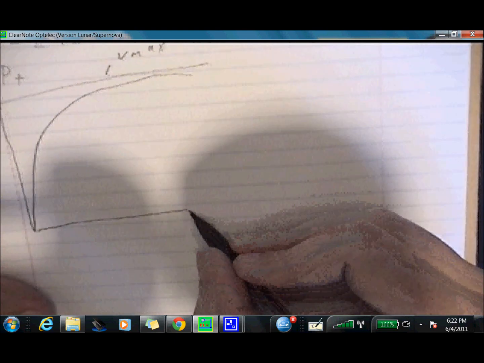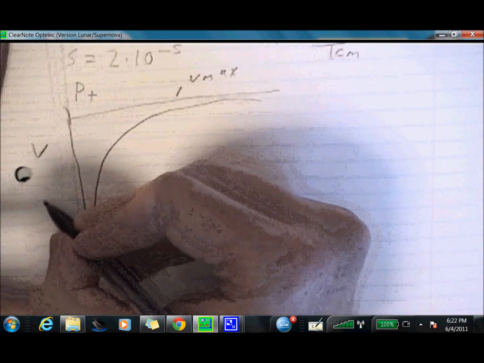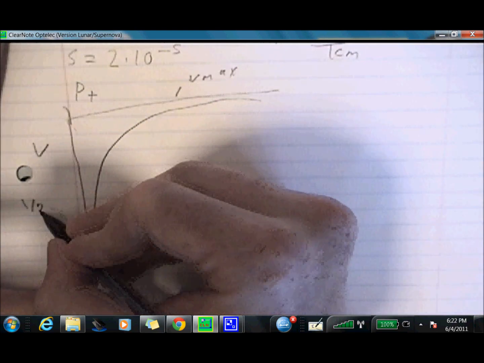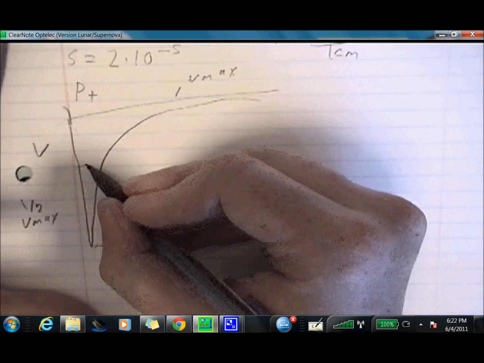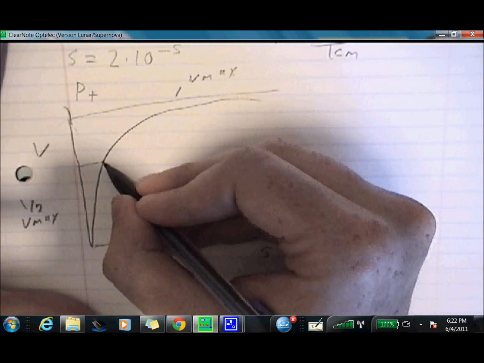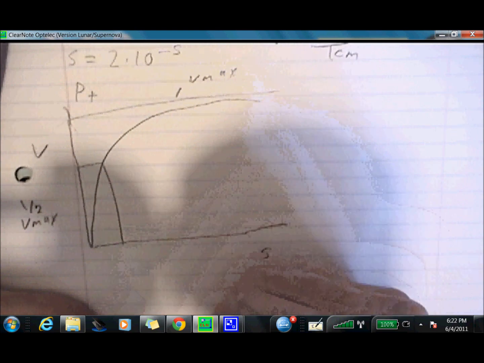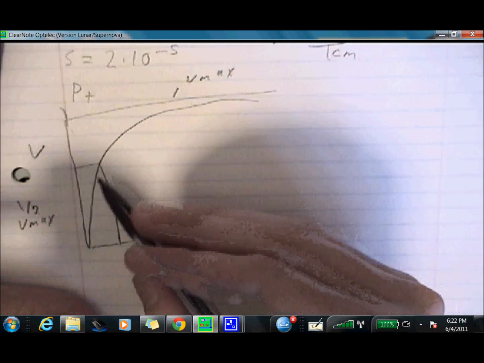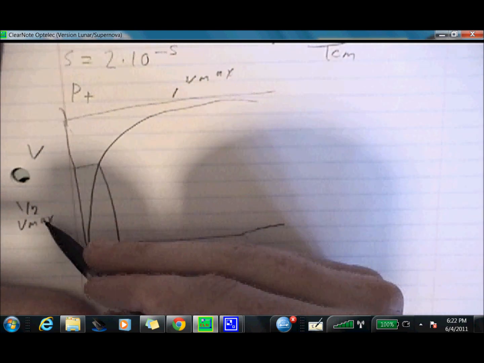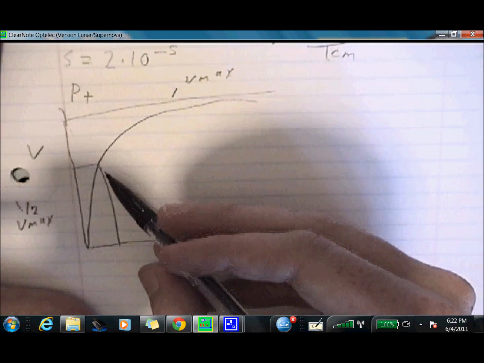This is V against substrate. And 1/2 V max is when Km equals our substrate. So when Km equals substrate, this equals 1/2 V max.